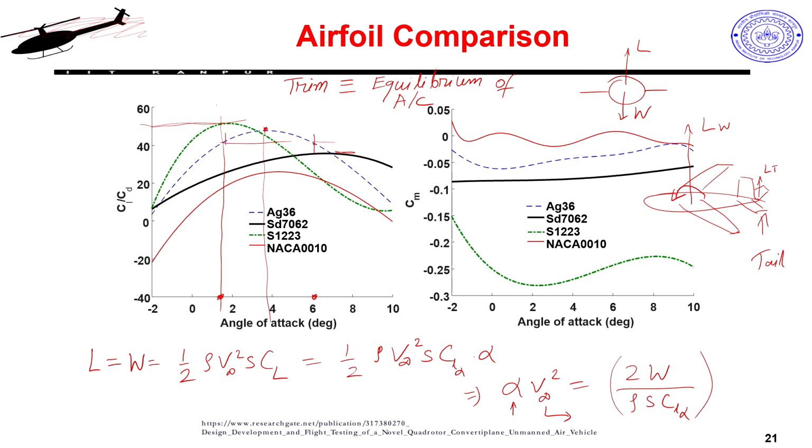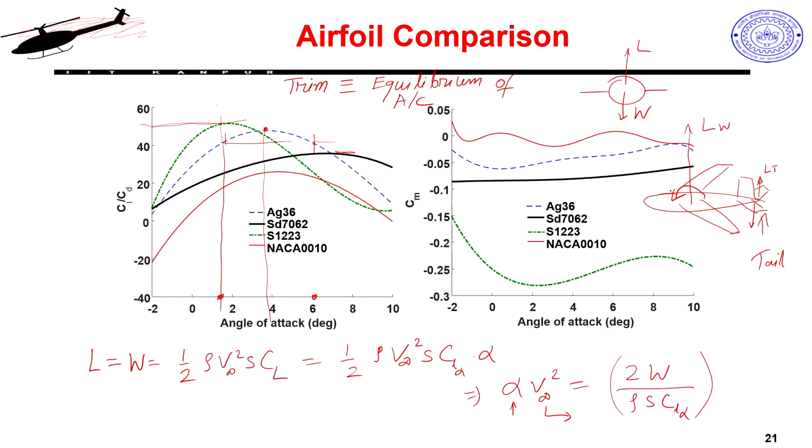Or I can generate a lift which could probably be slightly downwards. So, this tail lift would be slightly downwards. I will set my tail plane in a manner that it is continuously generating some small negative lift, which with the moment arm will be able to cancel this nose down moment. So, if my pitch moment is a high negative value, would I require a bigger tail or a smaller tail?